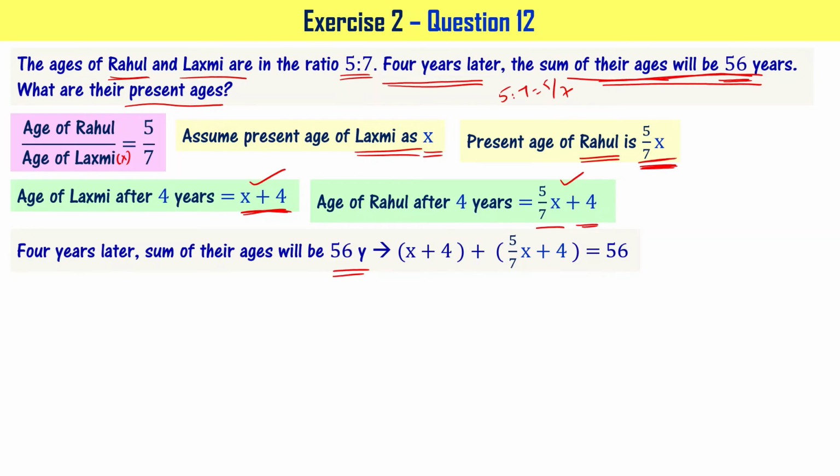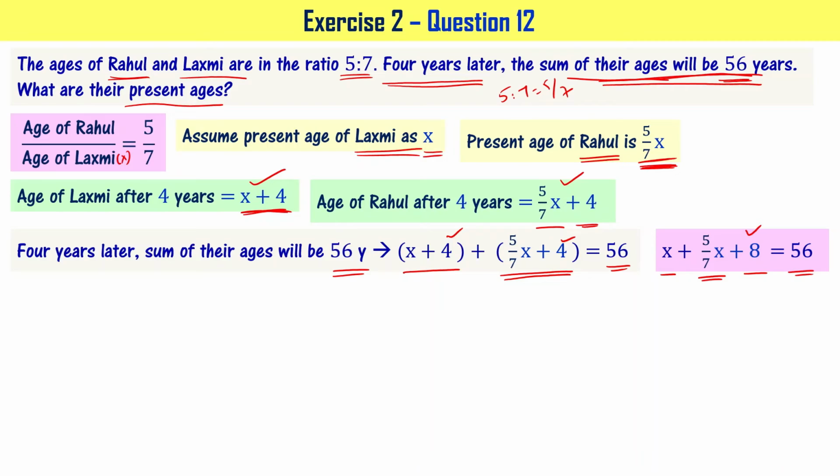That can be written as x plus 4, age of Lakshmi after 4 years, plus 5/7x plus 4, age of Rahul after 4 years. Their sum is 56, right? Let us simplify this equation so that I can write it as x plus 5/7x plus 8 equal to 56, right? I have added this 4 and written it as plus 8.